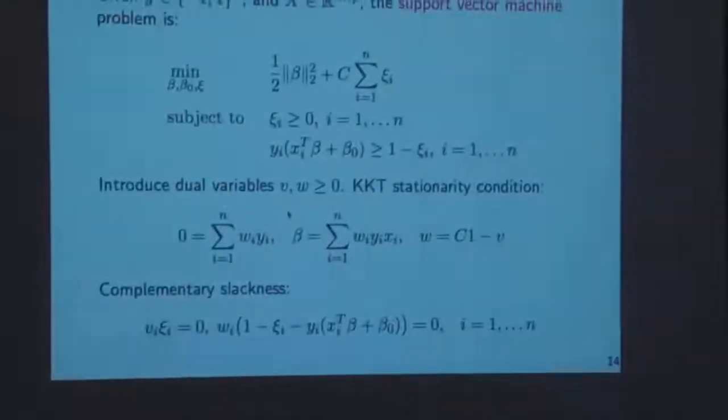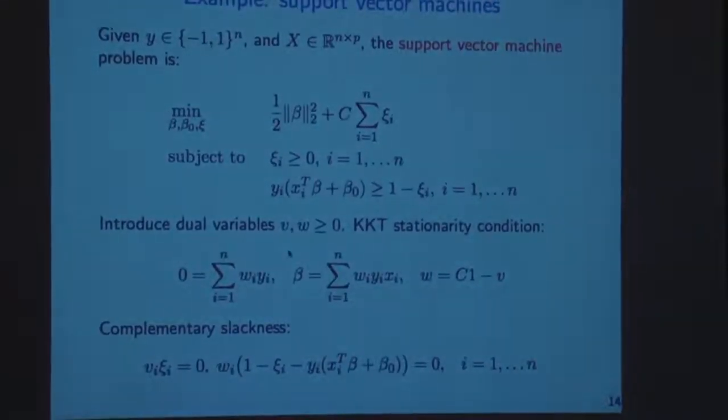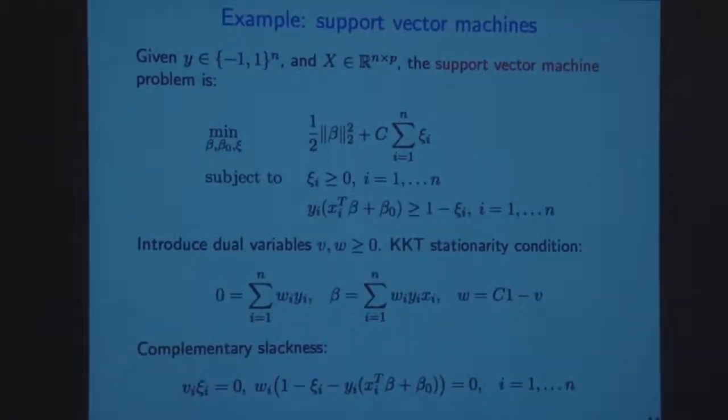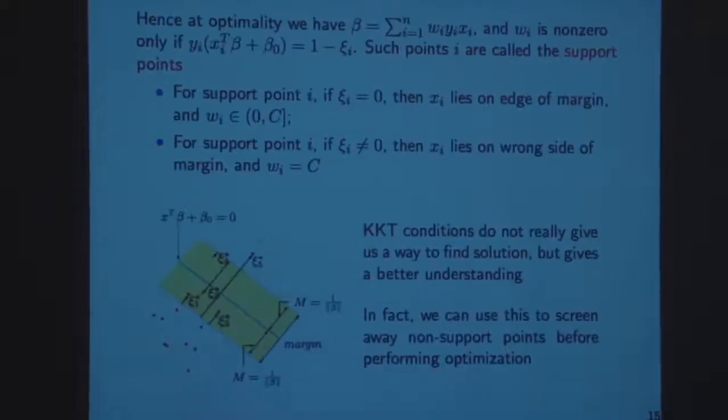That's exactly what happened with SVM. We wrote down the stationarity condition. We rearranged it to get an expression for beta. This is a determination of the primal solution beta as a function of the dual solution w. So this is a general principle, right?